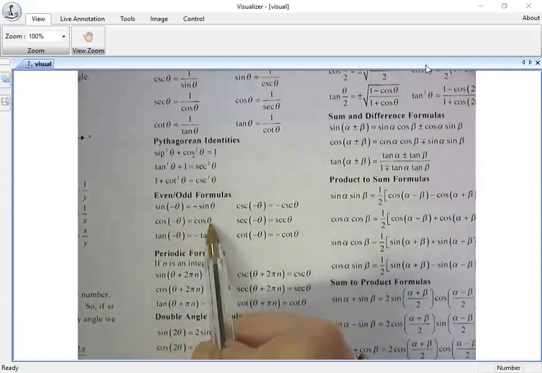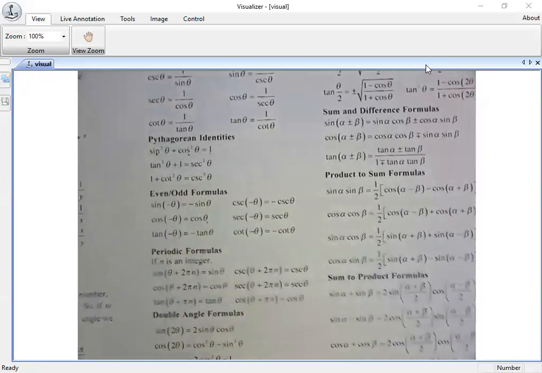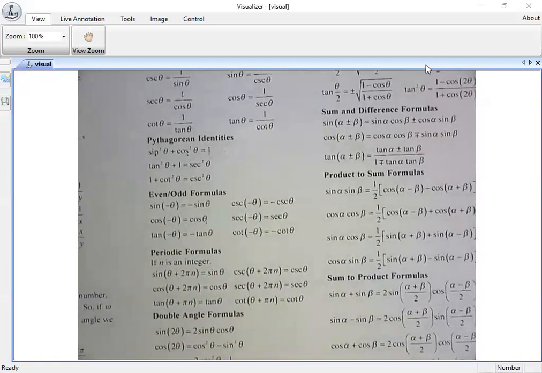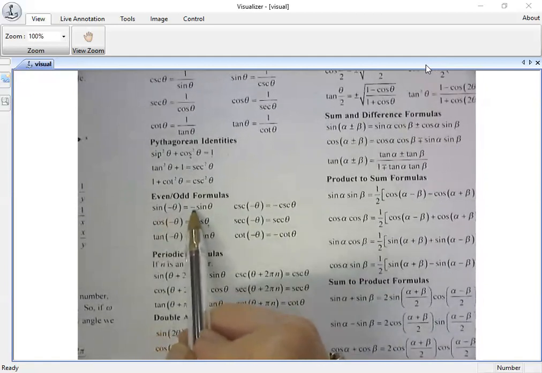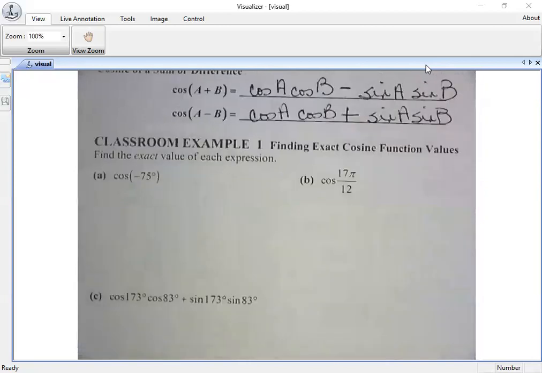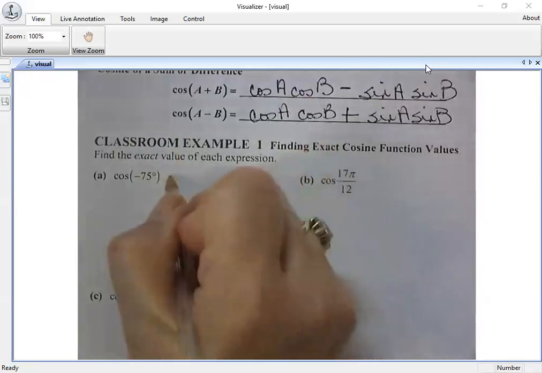In other words, I don't even have to worry about putting them in the fourth quadrant if I don't want to. It will still give me the same value. But don't automatically assume that, because if we were working with the sine, we would have to put a negative sign in front, okay? But we'll keep it negative. I just want to show you, you could recognize that's the same thing as the cosine of +75 degrees by using that even odd property. But we can keep it negative if you want.